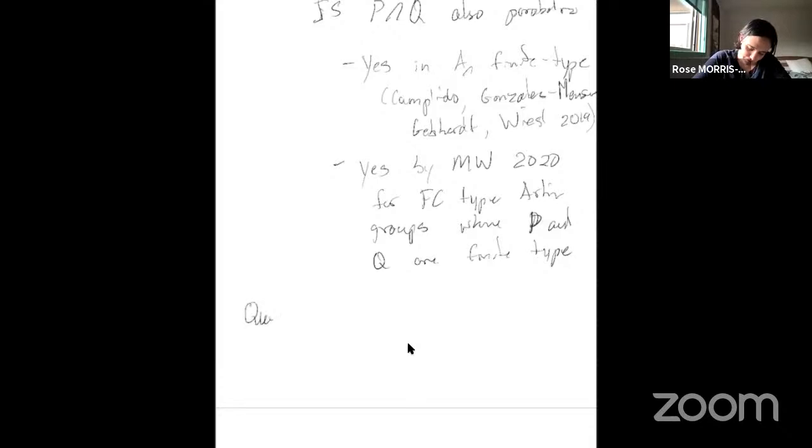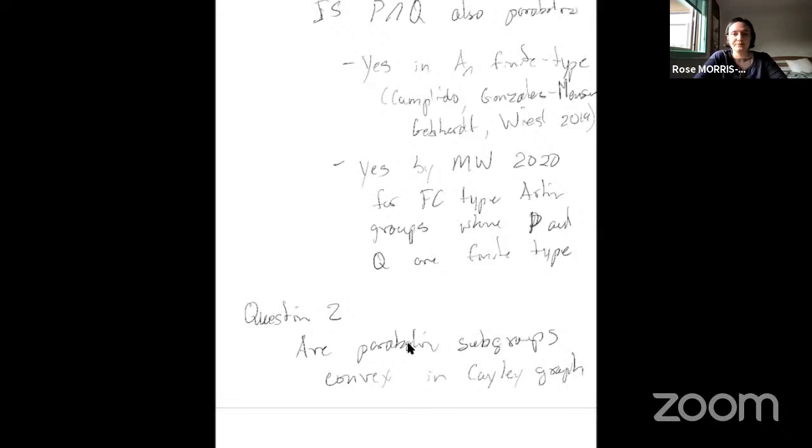Here's question number 2: are parabolic subgroups convex, sort of in the Cayley graph? If I take this subgroup, that will give me a subgraph inside my Cayley graph.